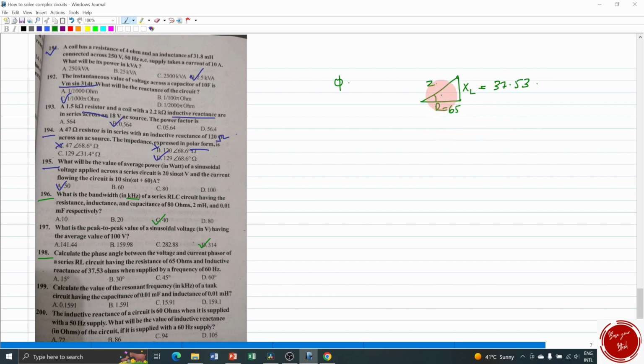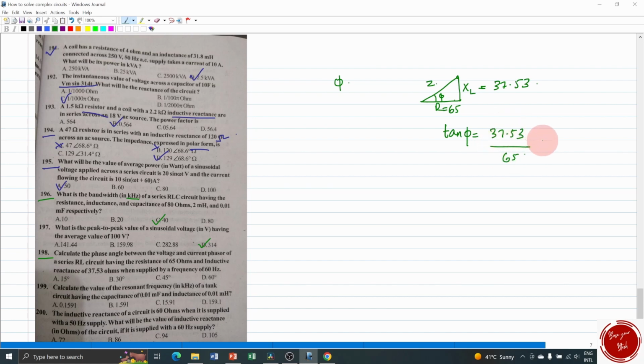If this is phi, what is tan phi? Tan phi is opposite side by adjacent side. Instead of getting the Z value by Pythagoras theorem, let's check if we get the same angle phi using XL and R. That means we take the opposite side and the adjacent side, which means tan. Tan phi is equal to 37.53 divided by 65.